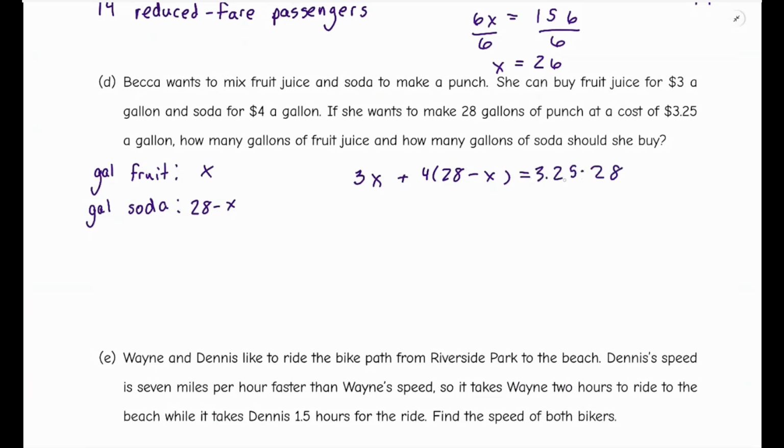So don't forget, they didn't give us the total cost this time, so we have to calculate it ourselves, so we have to multiply those together.